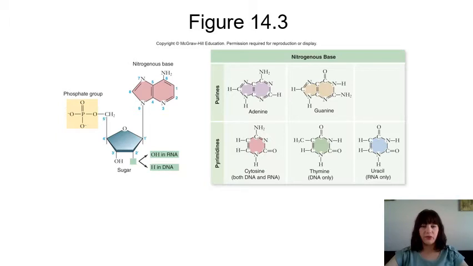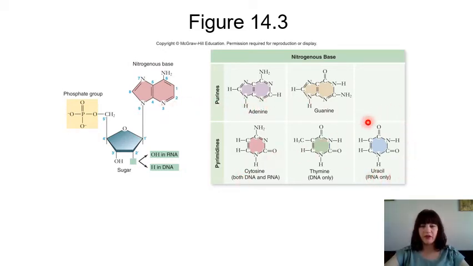They have 2 ring structures, whereas the pyrimidines only have a single ring structure. So when you're looking across a sequence of DNA, the phosphate group and the ribose will not change at all. Just the nitrogenous base will change, and it can be any of these.